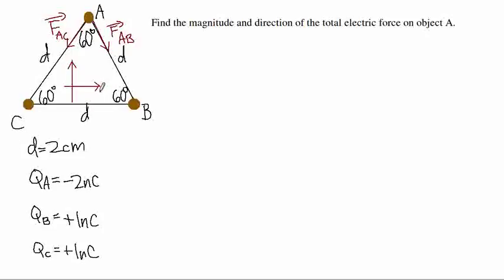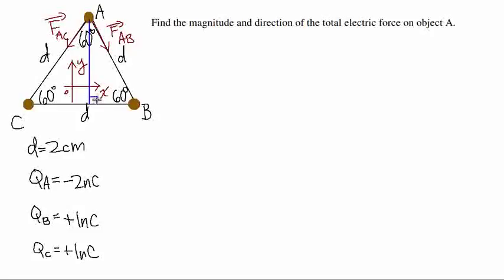The horizontal axis I'll refer to as x. The vertical axis I'll refer to as the y-axis. Okay? And we know that, because it's an equilateral triangle, I can draw an altitude, which is also an angle bisector.